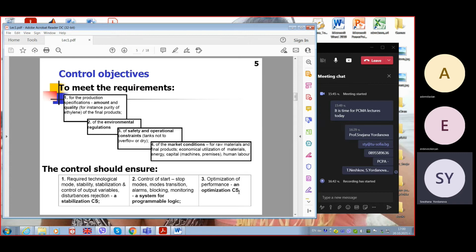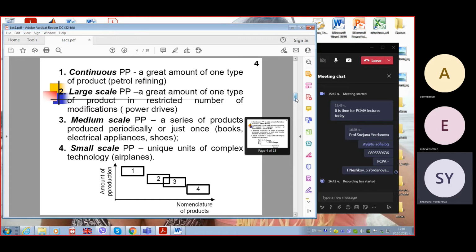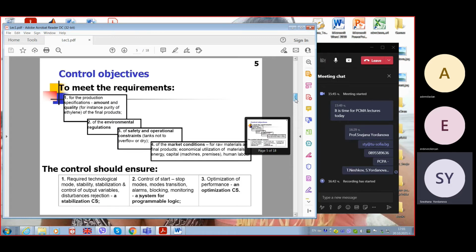Also, the cost function contains expenses, minimization of expenses, maximal utilization of expensive machines, and something like that. So combining engineering, technological, and economical and organizational issues.